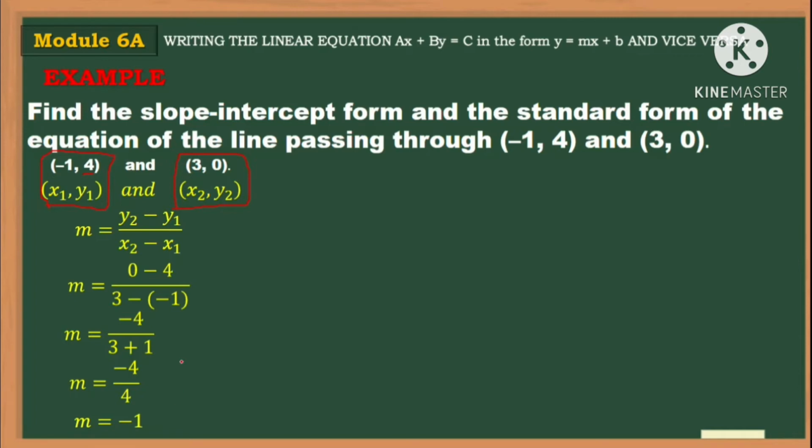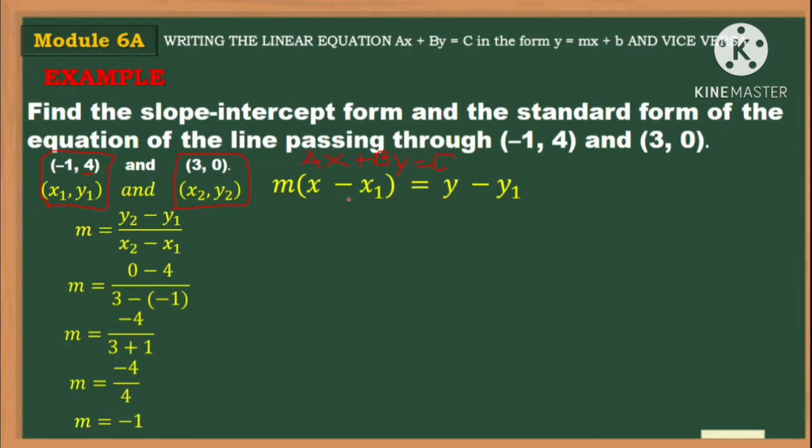So the slope is -1. Okay, now we're ready to write the standard form. Okay, so here in standard form, we're going to use the x sub 1 and x sub 2. It is possible also na pwede natin gamitin ang x sub 2 and x sub 1. Kuha lang tayo, pili lang tayo ng points dito sa dalawa, para masulat natin into ax plus by is equal to c.